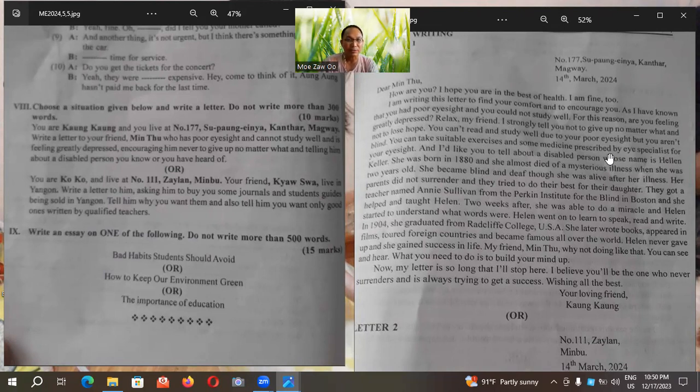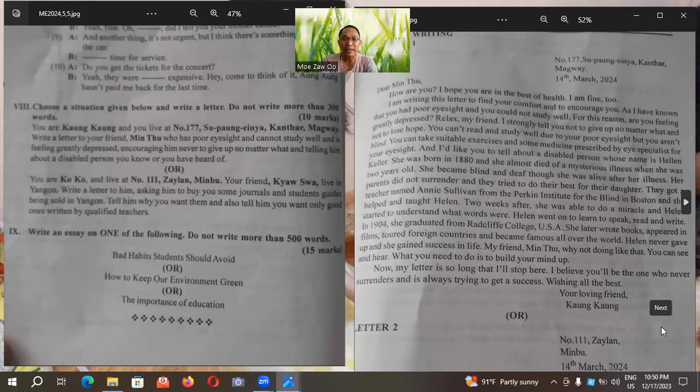You can take suitable exercise and some medicine prescribed by an eye specialist for your eyesight. And I'd like to tell you about a disabled person whose name is Helen Keller.